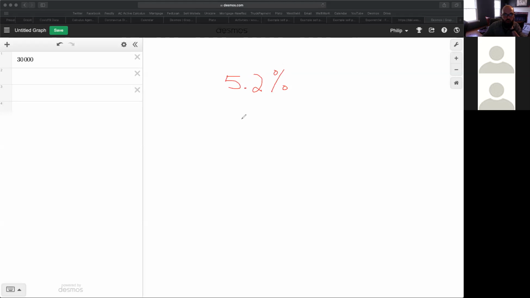You can think of it as 5.2 parts out of 100.